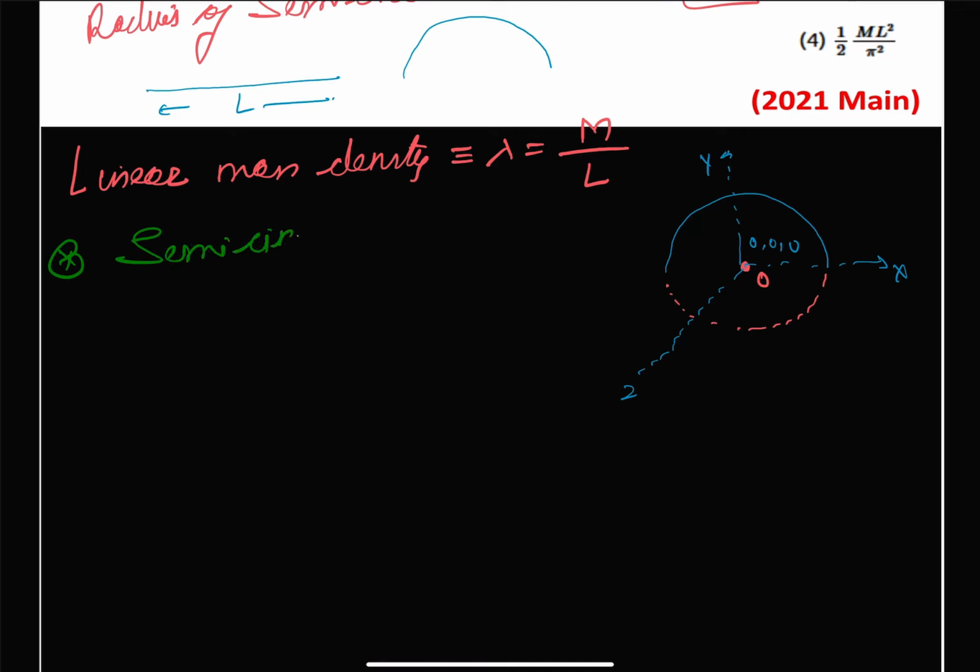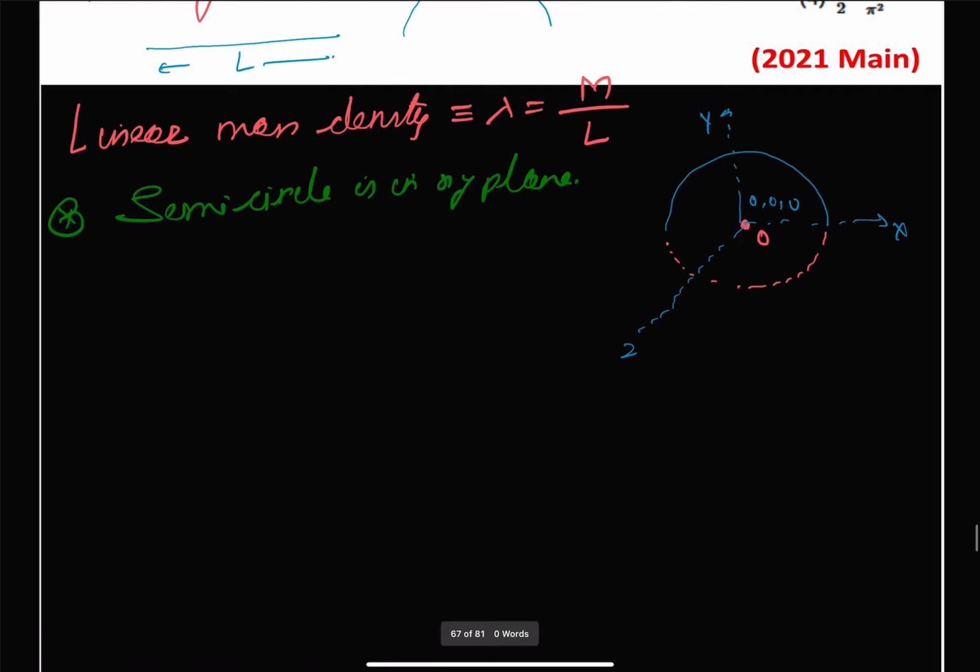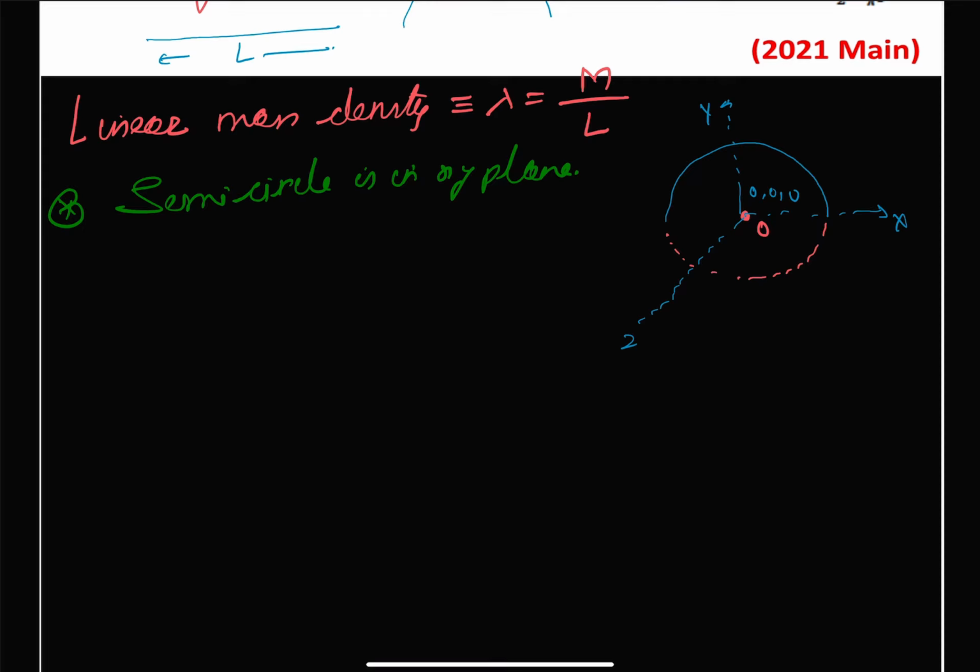So we can say the semicircle is in the xy plane with center O at the origin, which is 0, 0, 0.